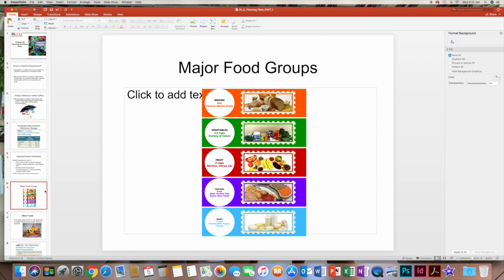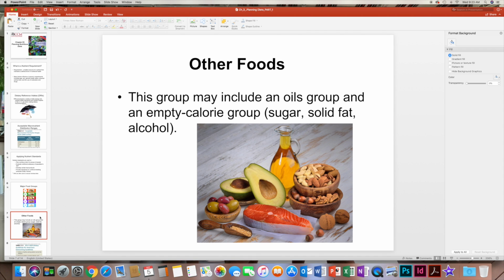And of course, within those food groups, you want to vary. In the grains, you're not going to just eat whole wheat, or you're not getting all of the nutrients. You're not going to just have spinach. You want to have some carrots or peppers, for example. Fruit, you're not going to just have bananas. You need to include berries. So you want to have variety within each of the food groups.